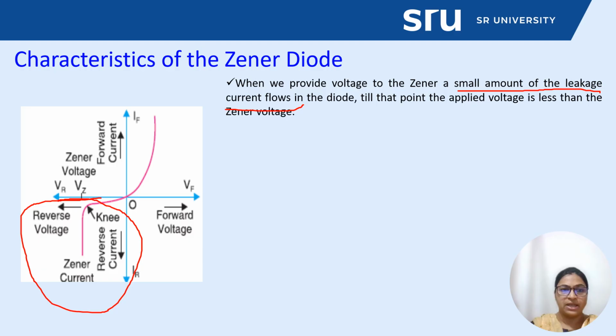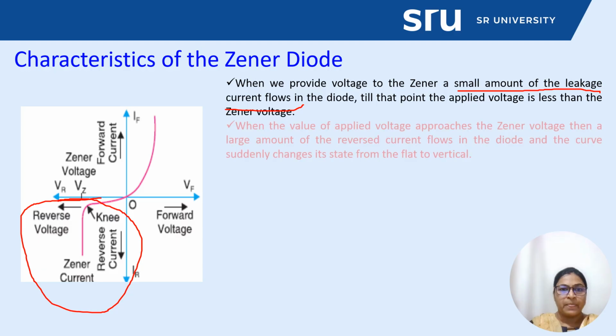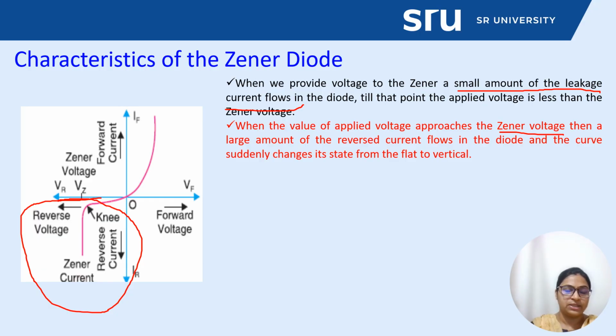This is the leakage current, and the forward bias is basically the normal PN junction diode characteristic. When the applied voltage approaches the Zener voltage, a large amount of reverse current flows, and you can see that the current suddenly becomes very vertical.